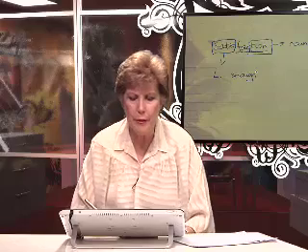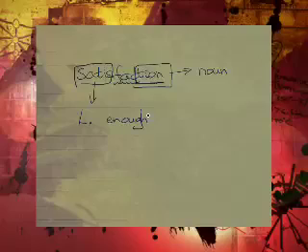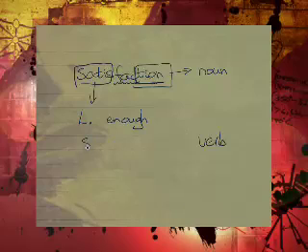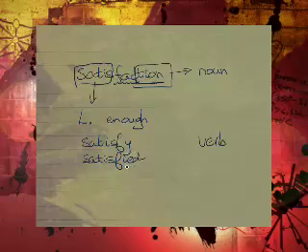Let's work on the derivatives. What is the verb from satisfaction? It is satisfy. What then would be the past tense of that verb? It would be satisfied. So we are adding a suffix. What about making an adjective?